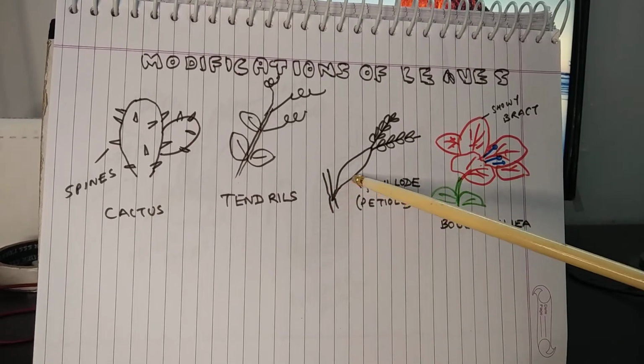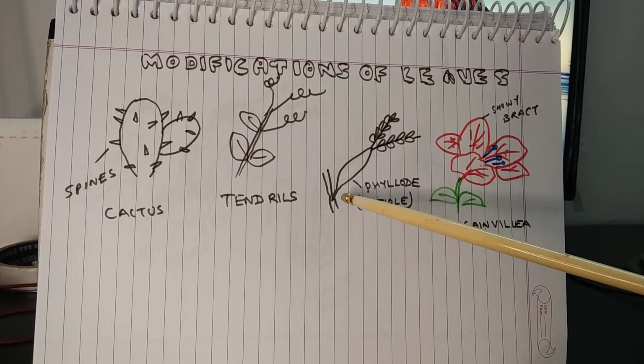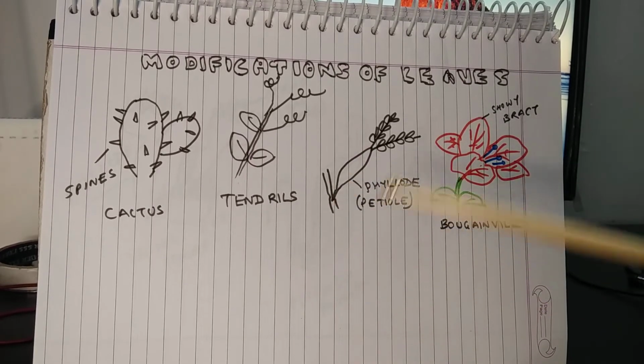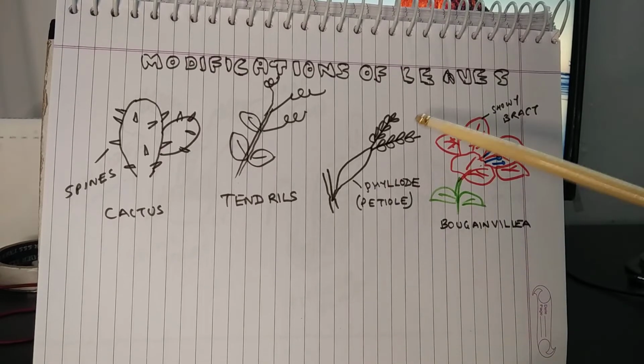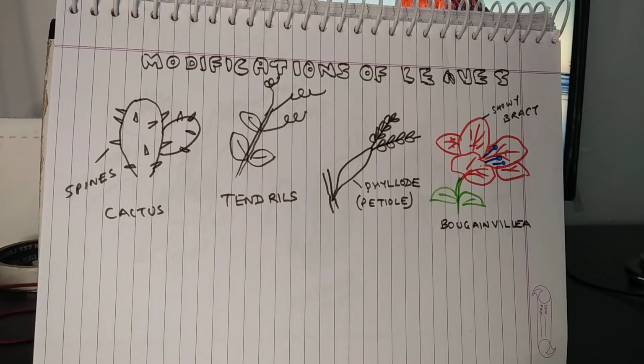So any modified structure of stem or leaf, which is succulent and juicy, which helps in preventing loss of water, is called phyllode. So this is seen in acacia. Such structures are also seen in some aquatic plants like water hyacinth, where the swollen base of the leaf stalk helps the plant in floating on water.